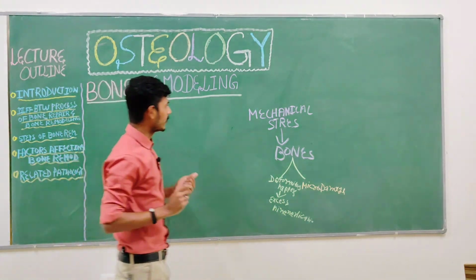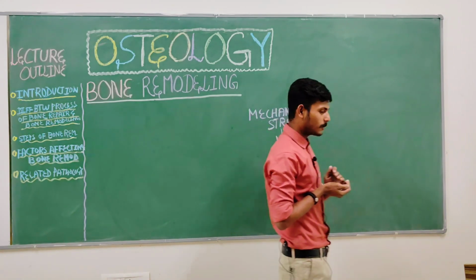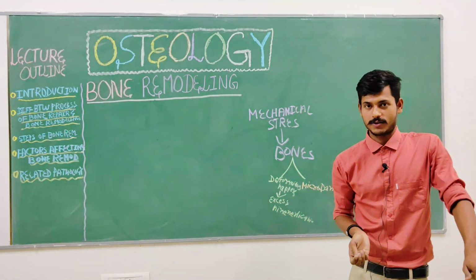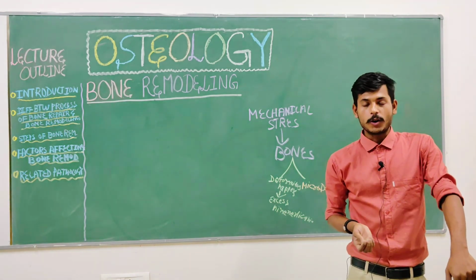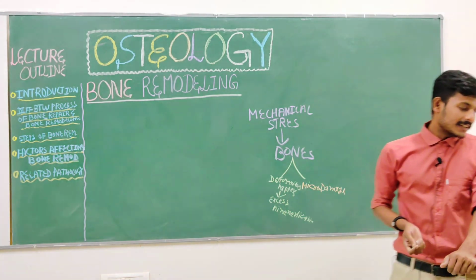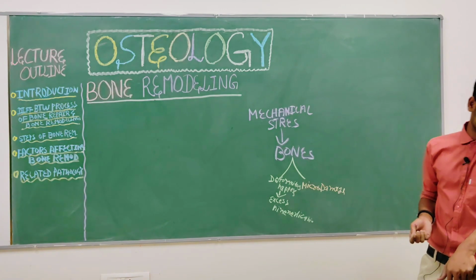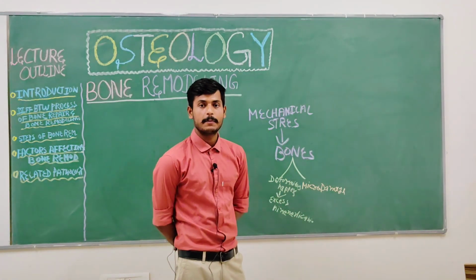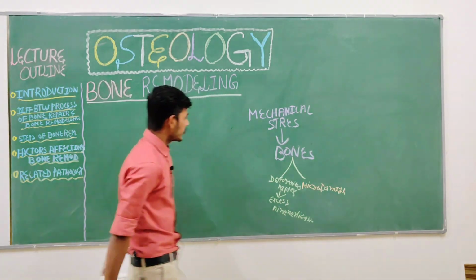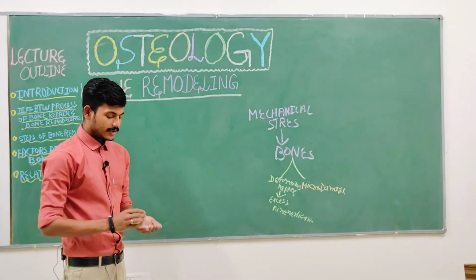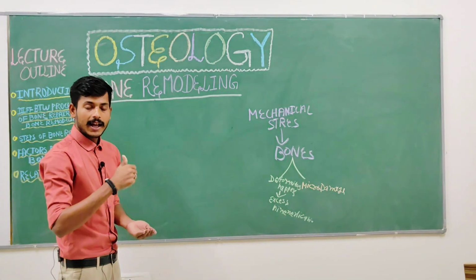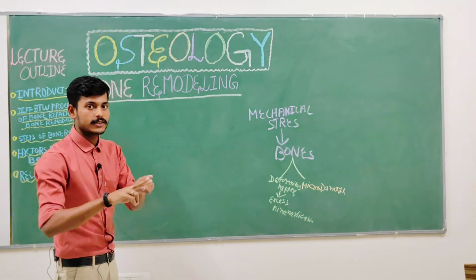So write down the definition of bone remodeling. Bone remodeling is an ongoing process that occurs throughout life to maintain bone strength and repair micro damages. In the previous lecture we saw that bone remodeling and bone ossification are two different things.